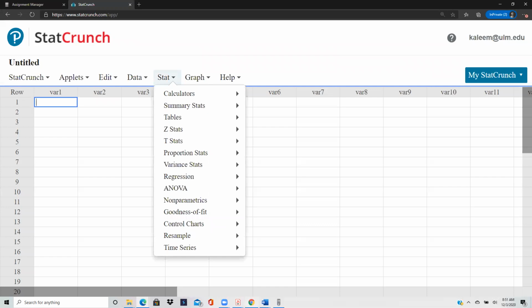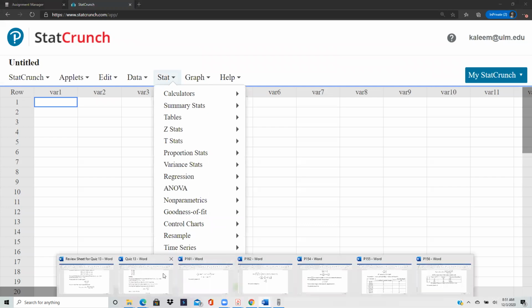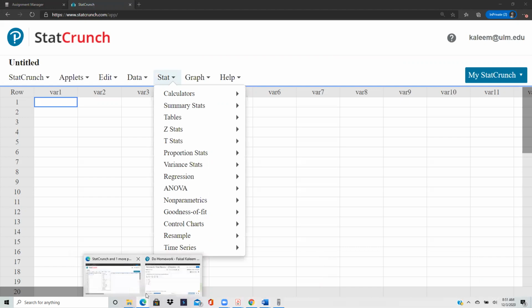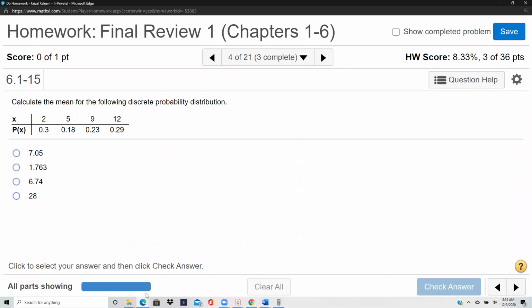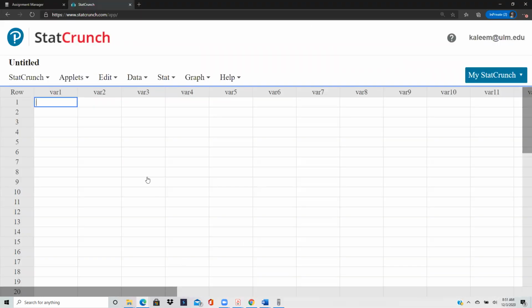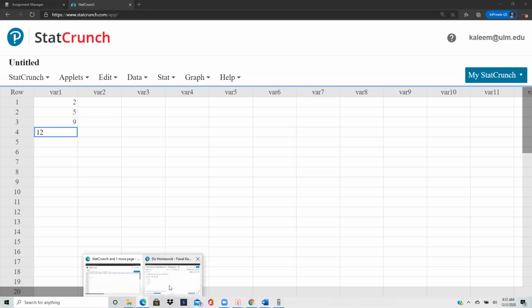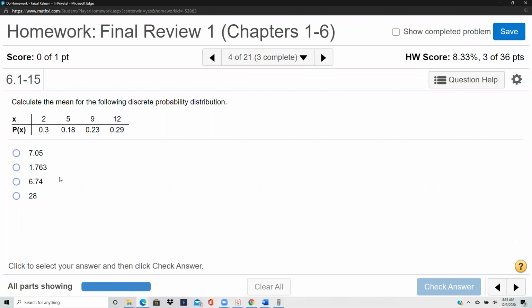So what are they? 2, 5, 9, 12 is the first column. And then the second column will be 0.3, 0.18, 0.23, 0.29.